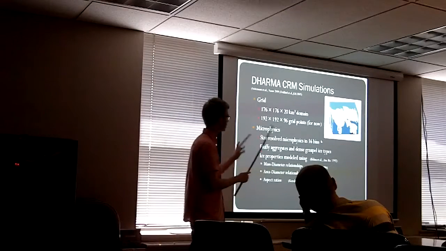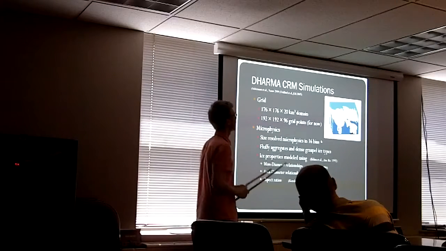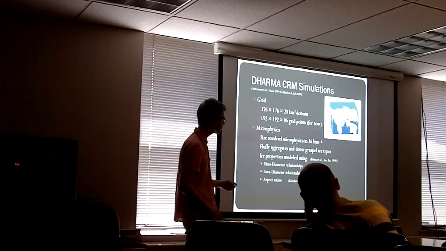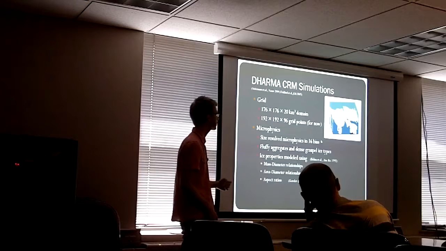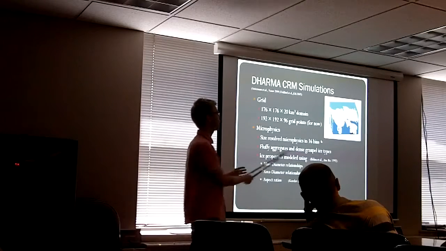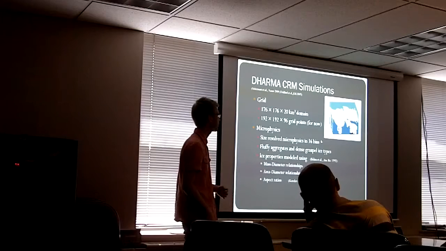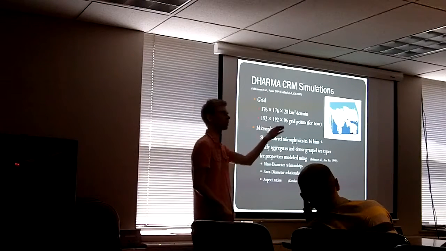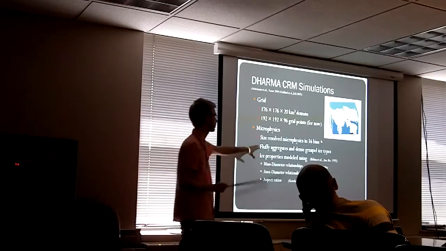Some setups: it has a quite large domain, around 1 kilometer resolution, and it has size resolved microphysics in 36 different bins. It has two ice categories: fluffy ice and dense graupel ice. But the fluffy ice is mainly determining the effective radius and everything at the top, so I'm focusing on this fluffy stuff.